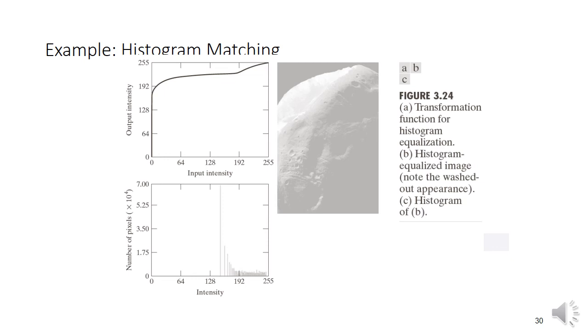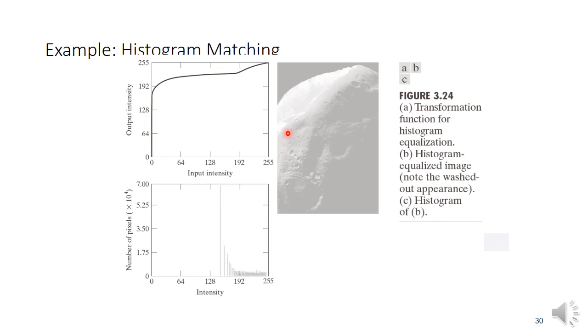So A is the transformation function of histogram equalization. In this transformation function, this is the input intensity and this is the output intensity. This is denoted by R, and this is denoted by S. And here this is image B, which was the histogram equalized image.